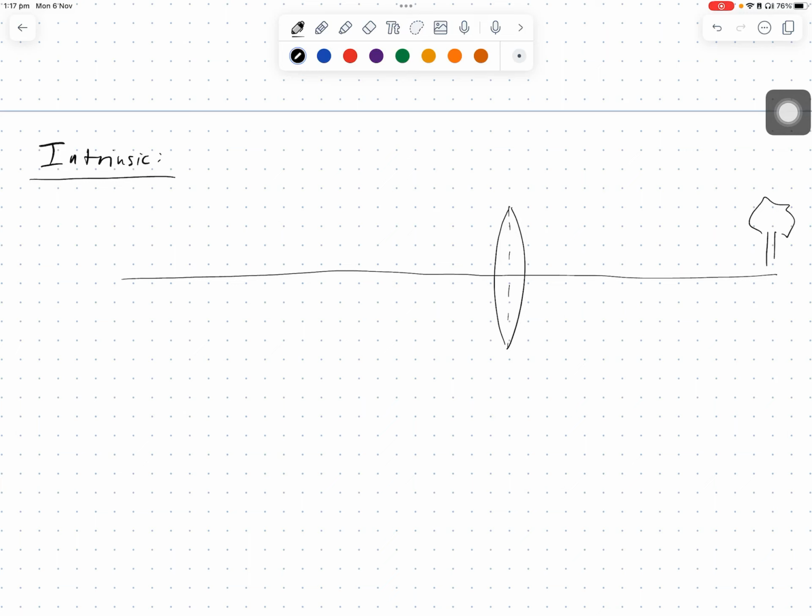The image sensor is going to be positioned in such a way that the optical axis goes straight to the middle of the image sensor. I don't know if I drew it correctly there, but hopefully you get the idea. The distance from where the optical axis goes through the image sensor to the edge of the image sensor will be exactly half of the height of the image sensor.